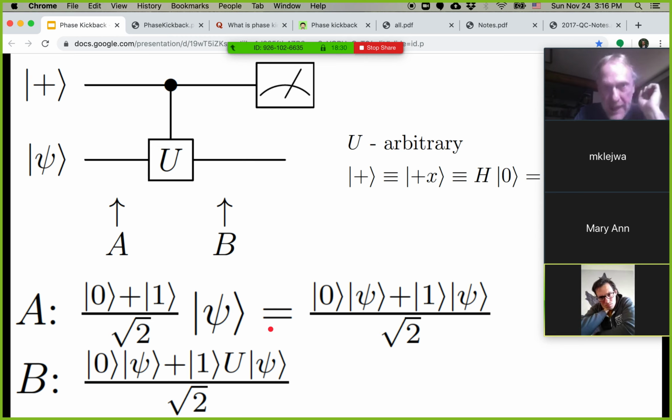Is 1? Yes, black dot exactly means flip on 1. So generally speaking, we can flip on anything. We can flip on 0.